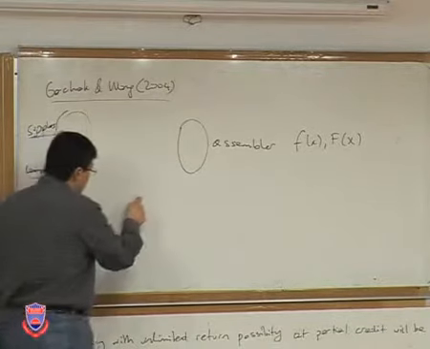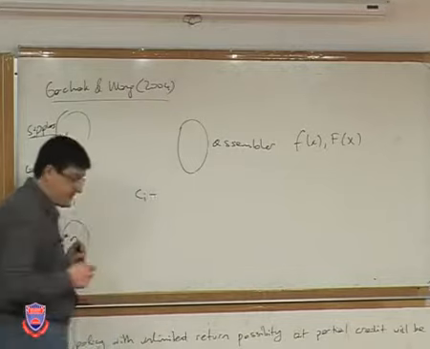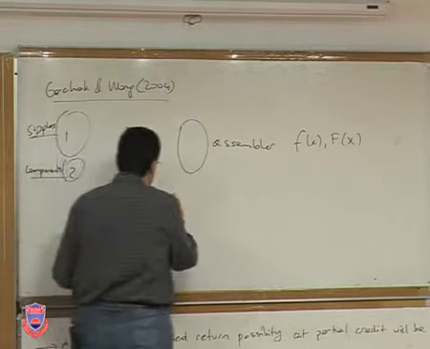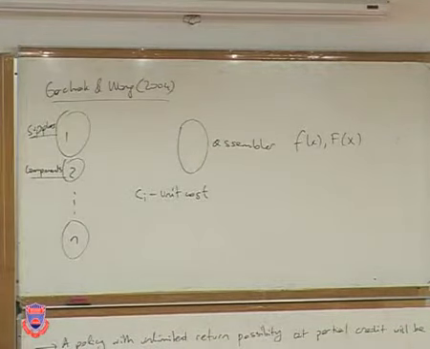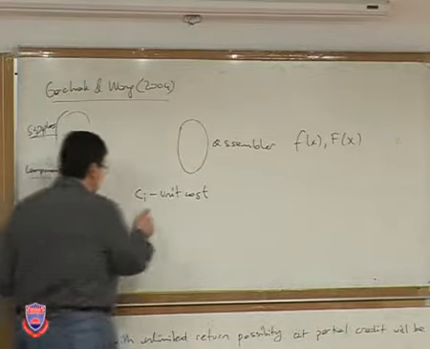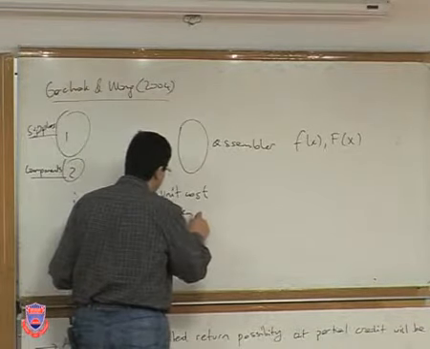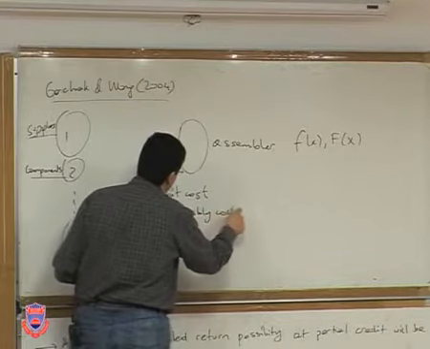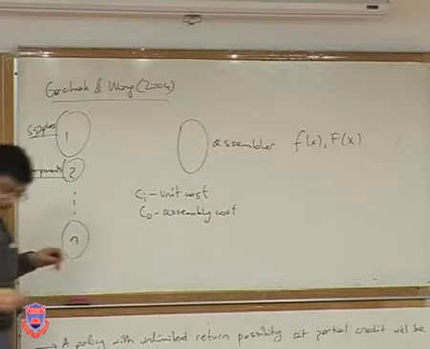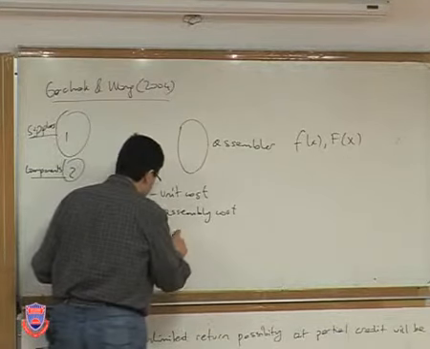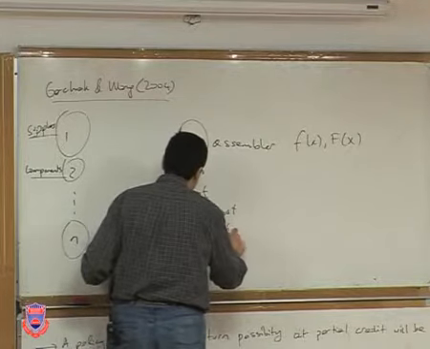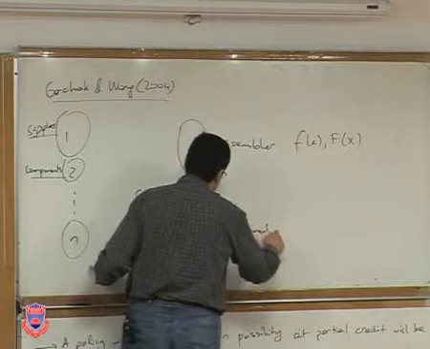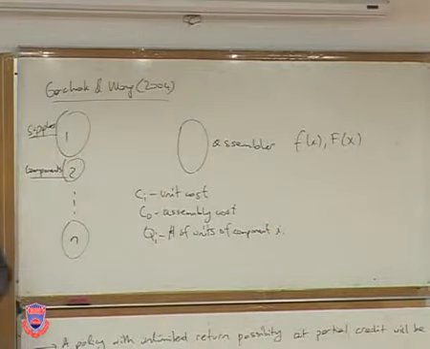Now, these are the definitions. C sub i is the unit cost of component i. C sub 0 is the cost of assembly. And Q sub i is the number of units of component i, which are going to be bought by the assembler.